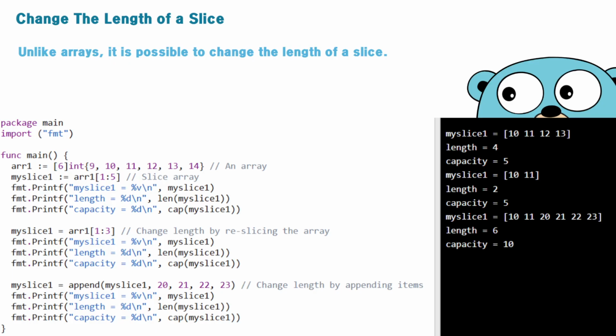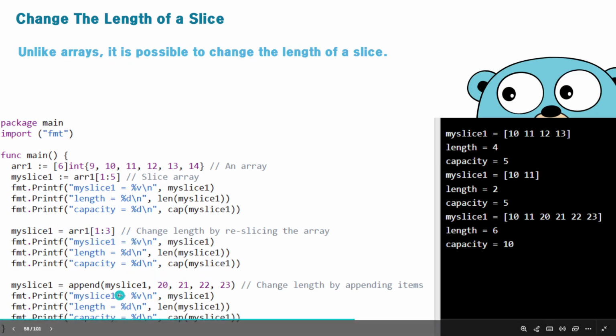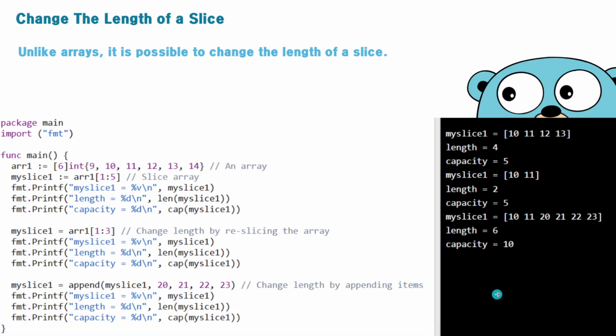Then we have again assigned this slice by changing its length and reslicing it. And if we append these two, my slice, we can also append a slice with normal elements also. So basically we are not appending slice with slice, but with some other element that we want to put in the slice.